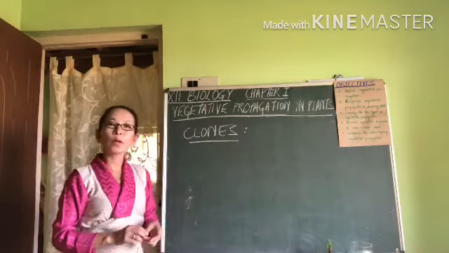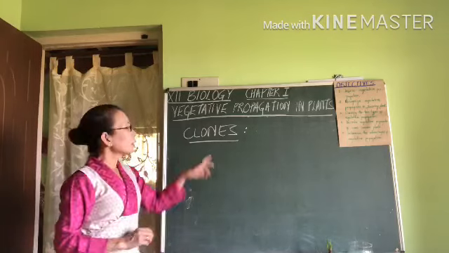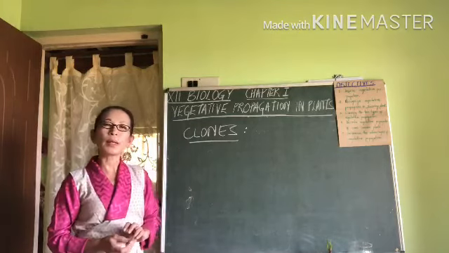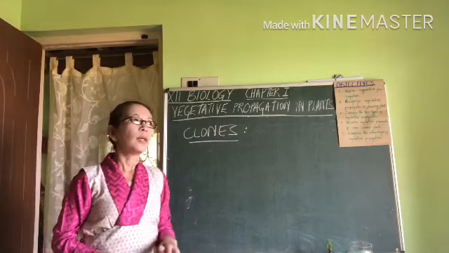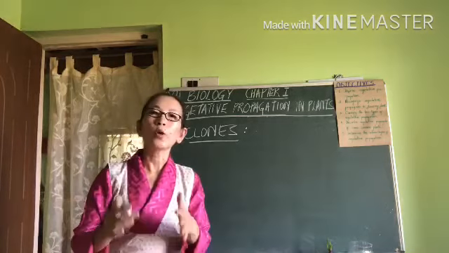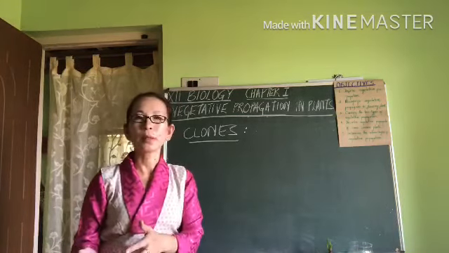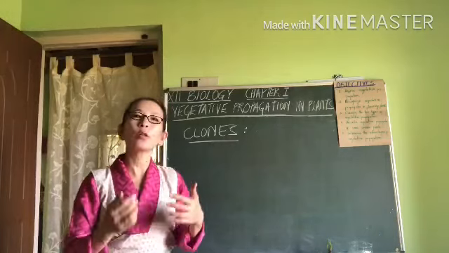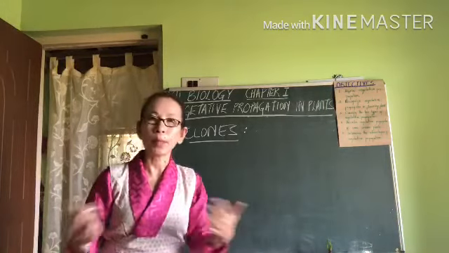Right? So these are the reasons why we consider vegetative propagation as another type of asexual reproduction. So what do we mean by clones? Clones are, technically speaking, the complete identical copies of the parent, or the complete identical copies of their siblings.